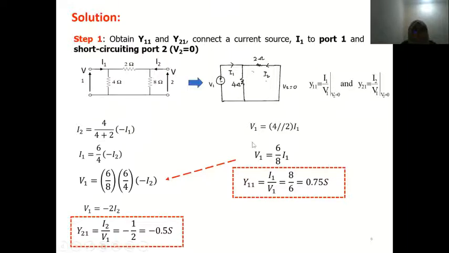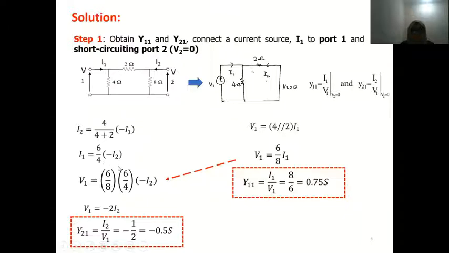From here also, V1 is equal to 6 divided by 8 I1. We get I2 equal to 4 divided by 4 plus 2, using the current divider rule. You get I2 is 4 divided by 4 plus 2 times negative I1, because these two currents are in opposite directions. So I1 is equivalent to 6 divided by 4 times negative I2.